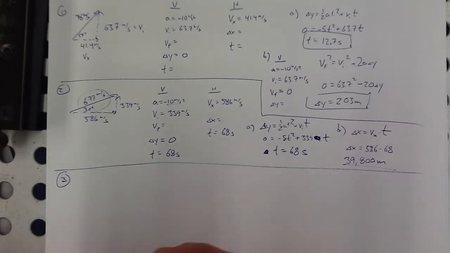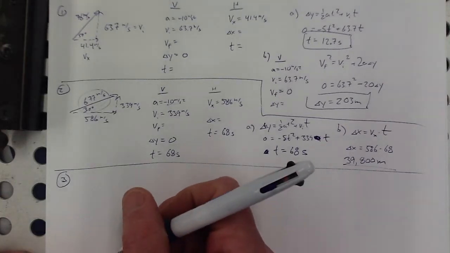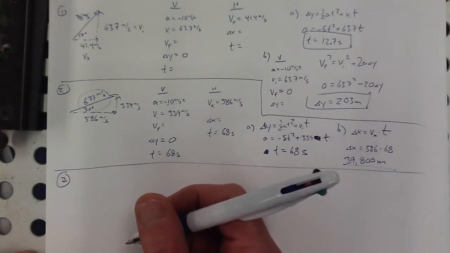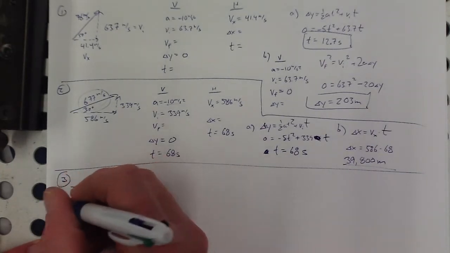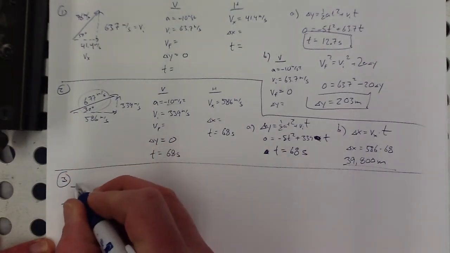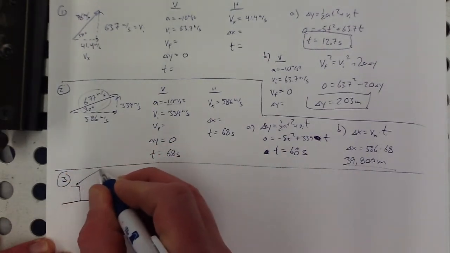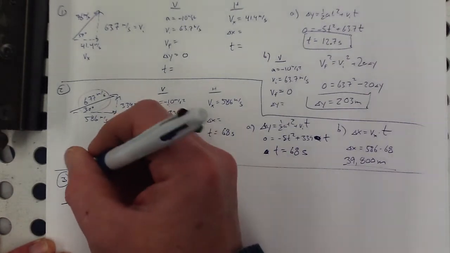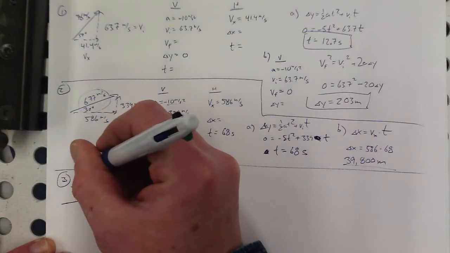All right, number 3. A football is thrown at a velocity off the top of a 150-meter tall building. So this time I've got a negative delta y. Here's my football, going to be thrown at 35 degrees, 25 meters per second.